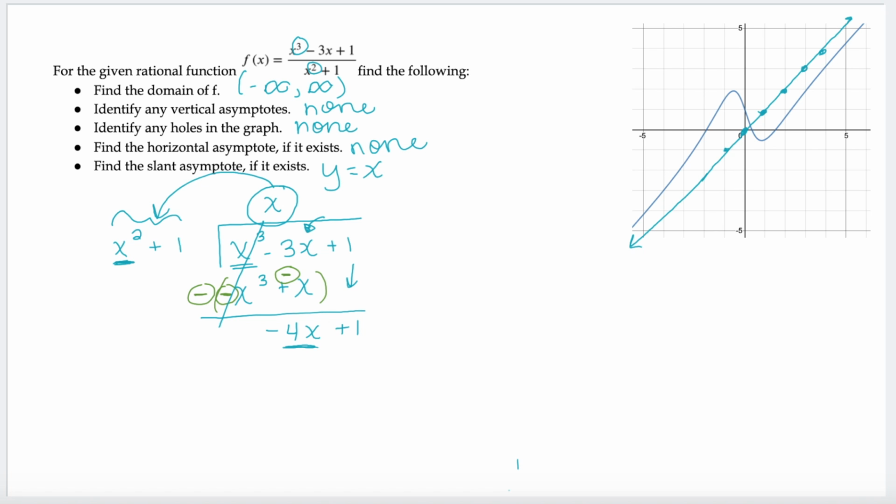So let's take a look at as x is approaching negative infinity with our slant asymptote.